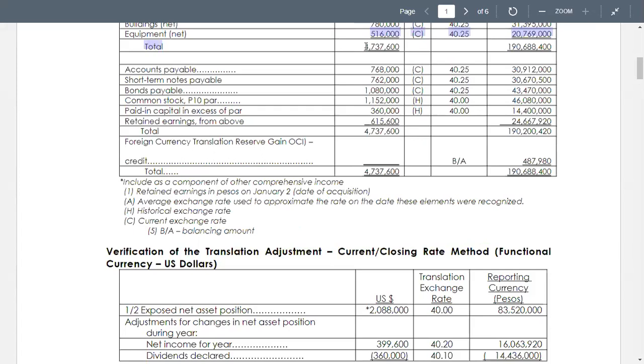Now we go to the second rule I'm going to read in relation to the current rate method. Revenue and expense accounts, including cost of goods sold and depreciation, gains and losses, are translated using the exchange rate when the elements were recognized during the period.